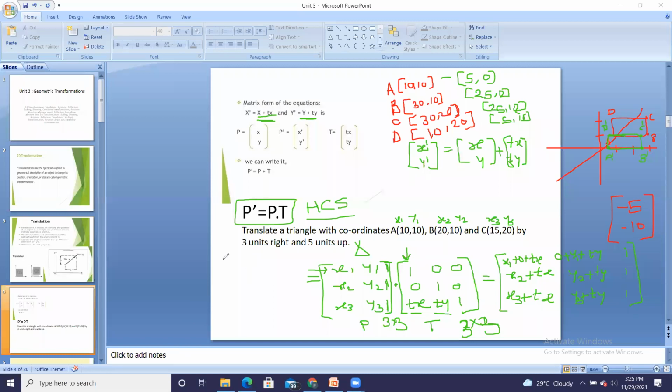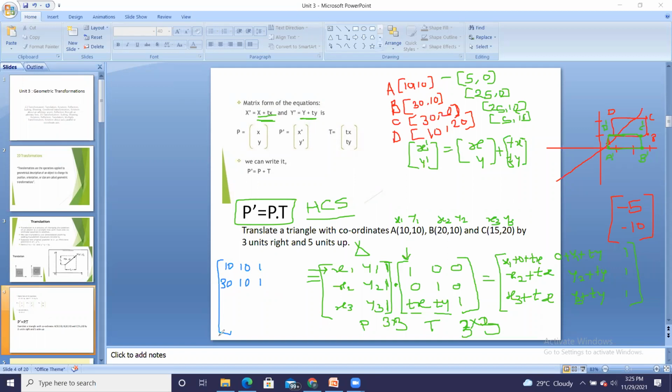Okay. So the original matrix is x1, y1, 1. So x1, y1 is 10, 10, and 1. This is your point A. Then point B is 30, 10, and 1.